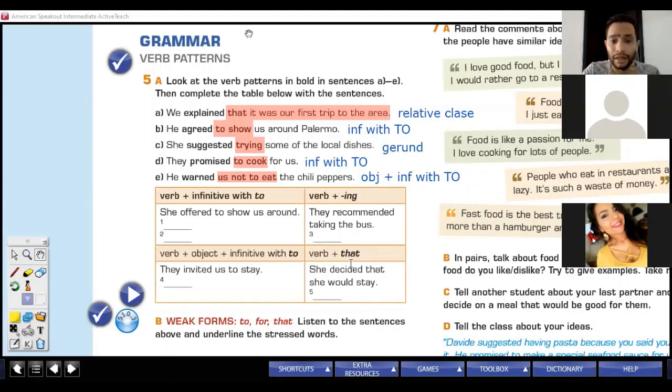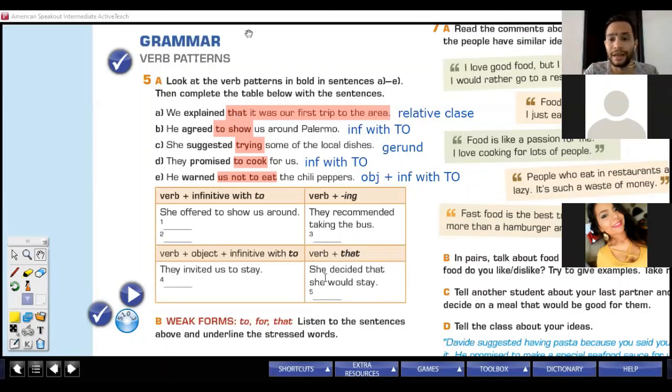And in pattern 4, we have the verb plus that. I already explained that in this pattern what we use is a clause with the word that.